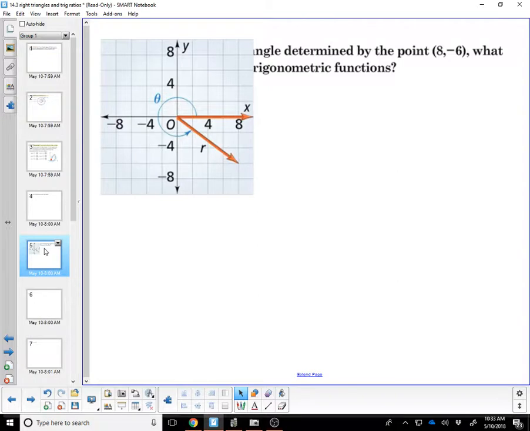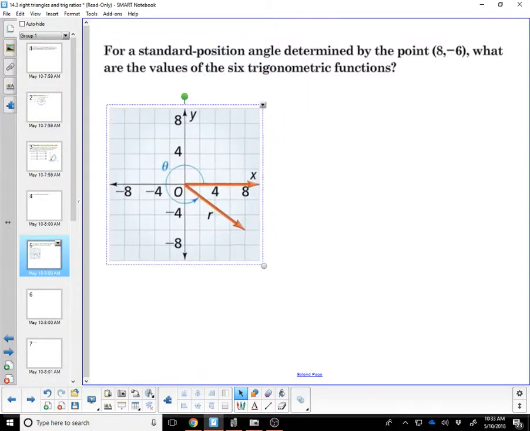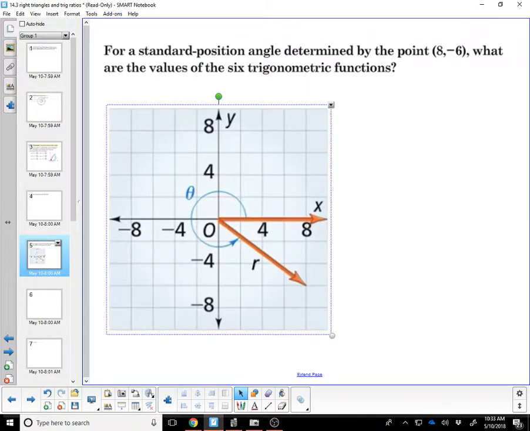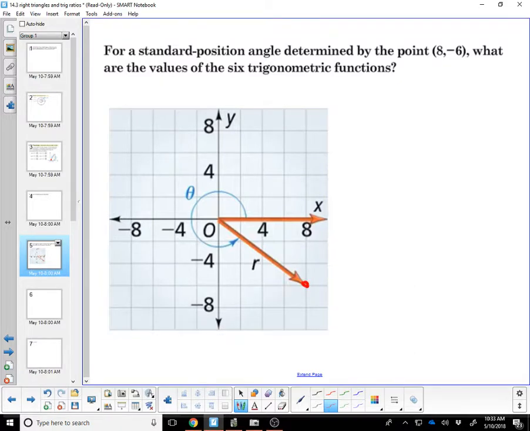Here's our first problem. We have this image, and they graphed a point right here. Let me use some blue. So here is the point that they graphed. The coordinate of this point is 8, -6.